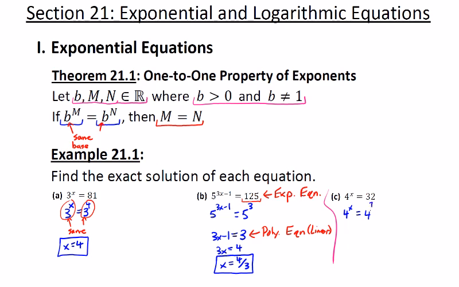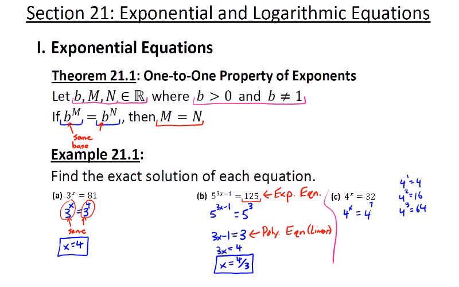Now this presents a problem because, well, 4 to the first power is 4, 4 to the second power is 16, and 4 to the third power is 64. So there is no power of 4 using whole numbers that's going to give me 32.